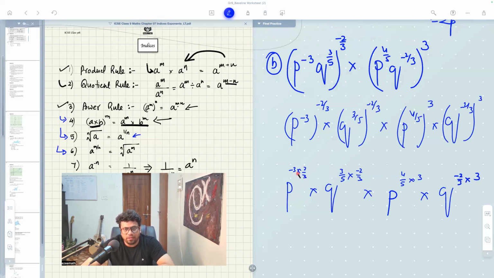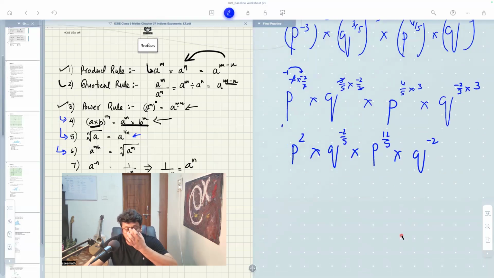Now that's going to be a negative 2 here. Okay, so negative 3 and 3 cancel out. You get a minus 1. These two cancel out. You get a minus 1. Minus 1 multiplies with the minus 2. You get a plus 2. Here, 3 and 3 cancel out. You get a negative 2 by 5. Here, it's going to be 12 by 5. And here, it's going to be a negative 2.